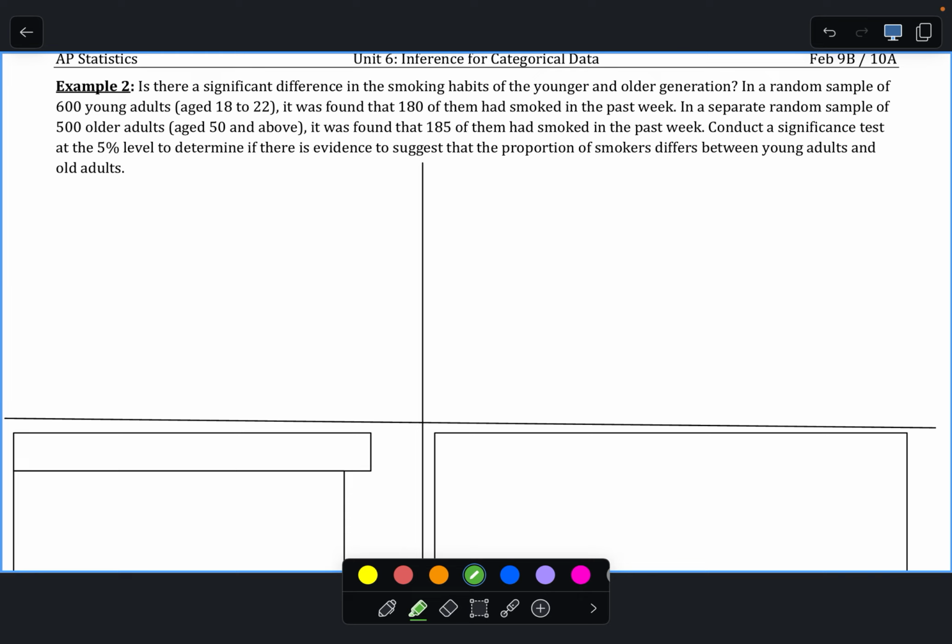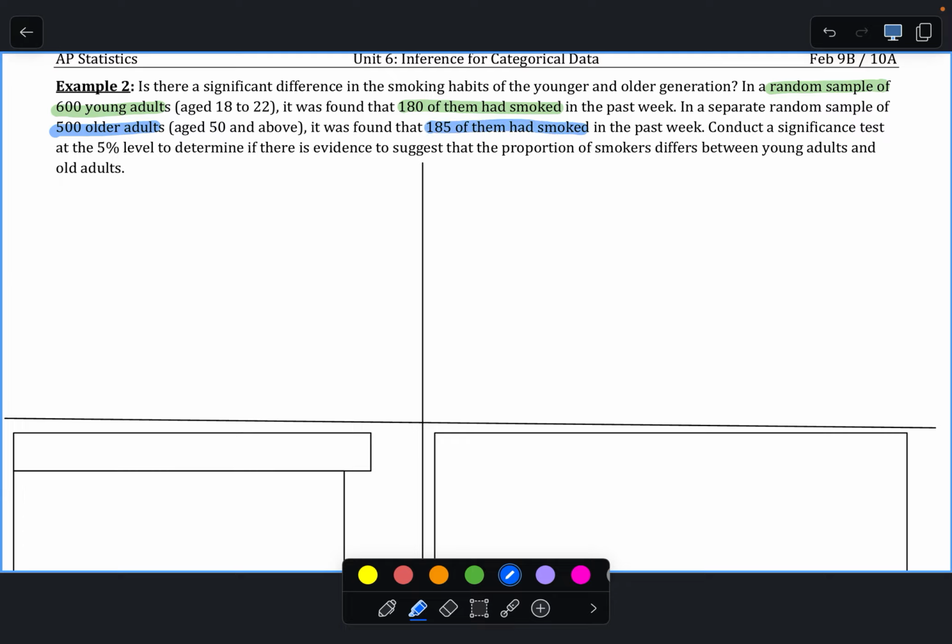Okay, is there a significant difference in the smoking habits of the younger and older generation? In a random sample of 600 young adults, it was found 180 of them smoked. In a separate random sample of 500 older adults, it was found 185 of them smoked.